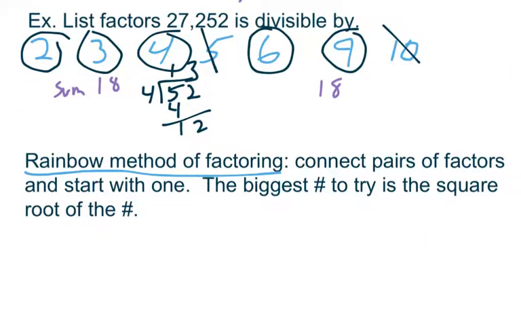All right, let's move on to factoring, listing all the factors. We're going to use the rainbow method of factoring. And that's when we connect the pairs of factors, and we always start with 1. And the biggest number that we try is the square root of the number.